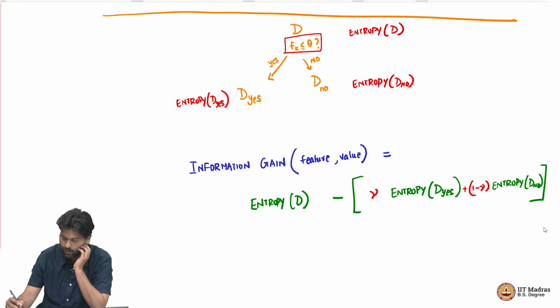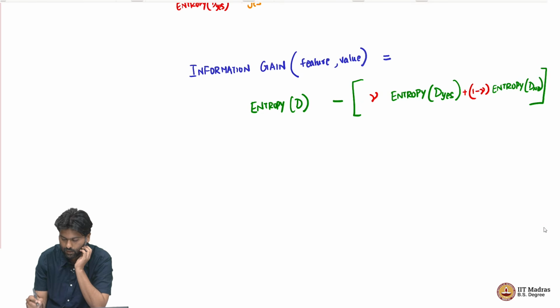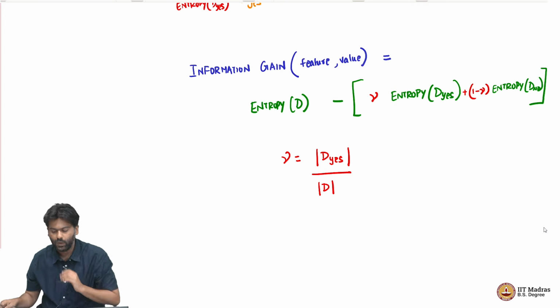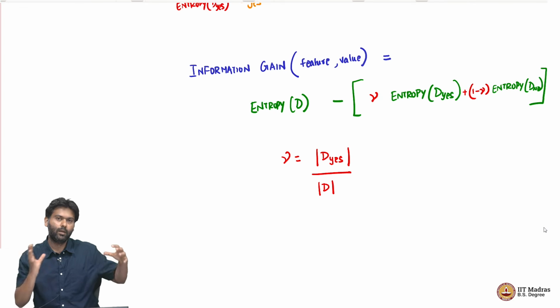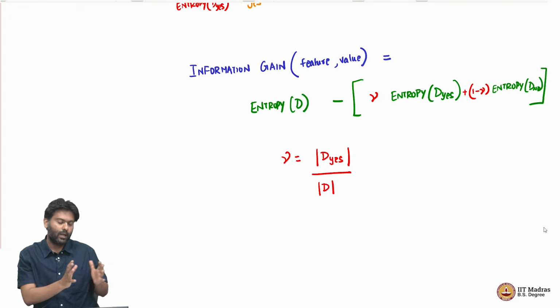So, let us say gamma is the fraction of data points that went to the D_S side, and the fraction that went into the D_no side is 1 minus gamma. Gamma is just how many went to D_S: the cardinality of the set D_S divided by the cardinality of the set D. Now, why am I combining this using gamma? Let us say you ask a question and divide into D_S, and D_S had 80% ones.